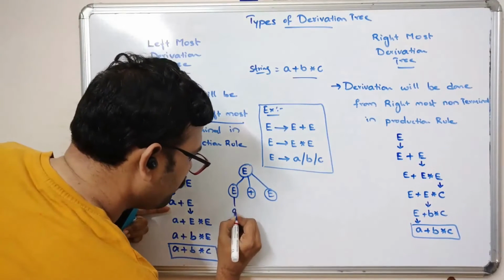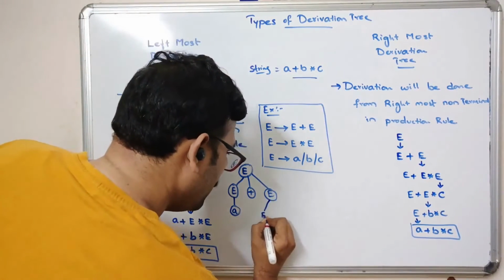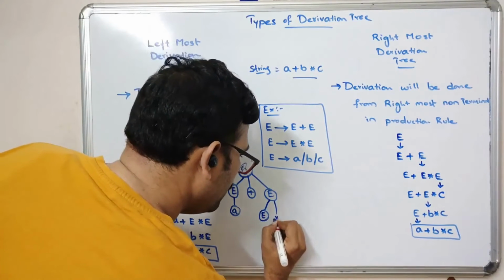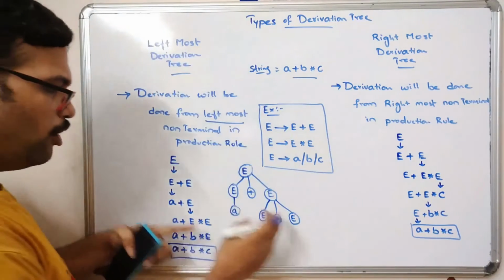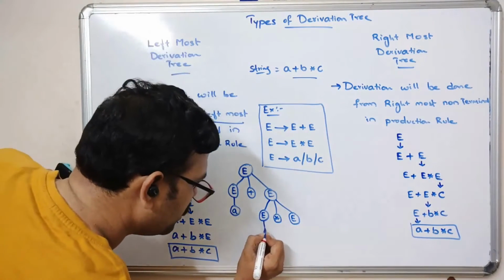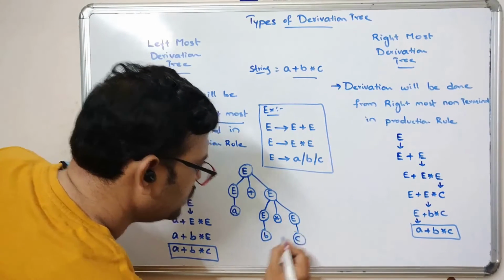So here we have given A, and this one we have derived again E into E. Now among this one, again we have to derive this one B, and here it is C.